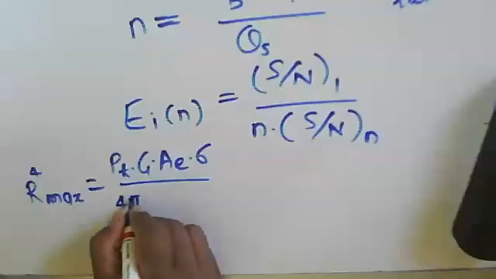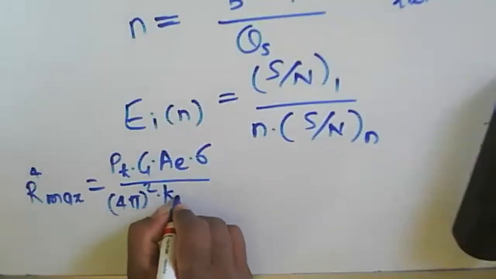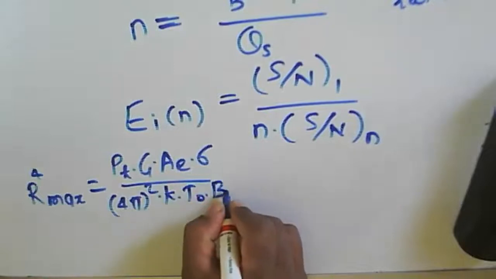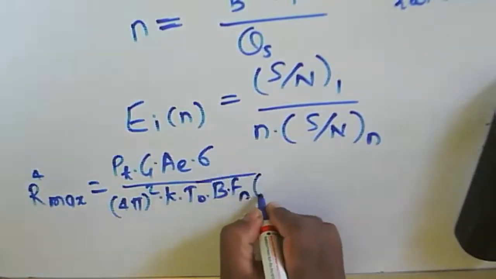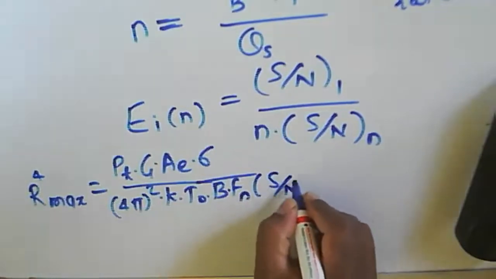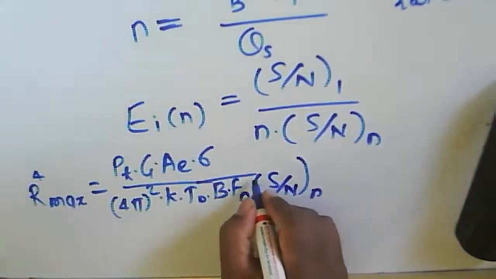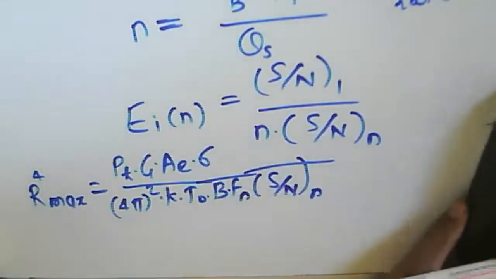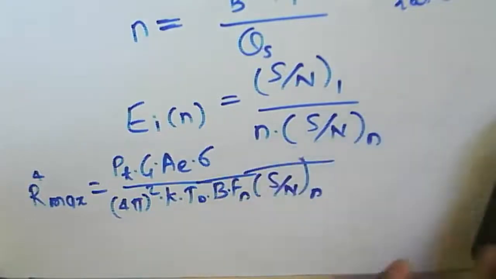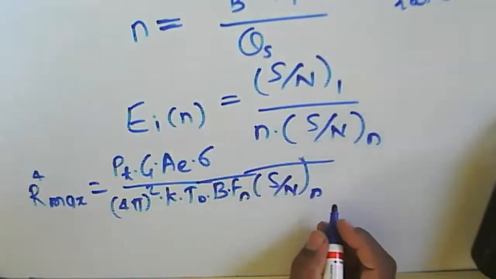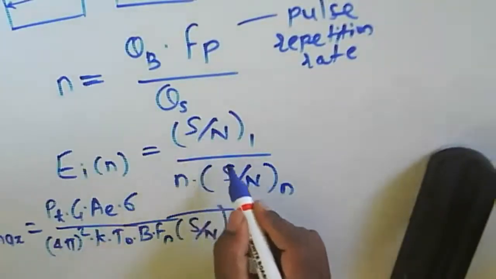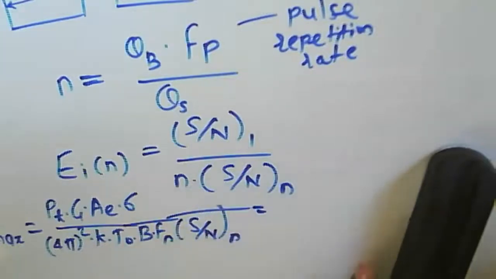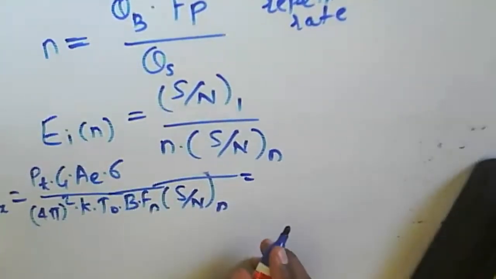We have 4 pi squared, then k T0 B F n, and earlier we said S by N. That S by N, because we have considered the signal to noise ratio for the whole pulses. So that's why S by N with respect to n here. Then we can rewrite the equation, with S by N replaced with S by N of n. So in that case, we replace it here.